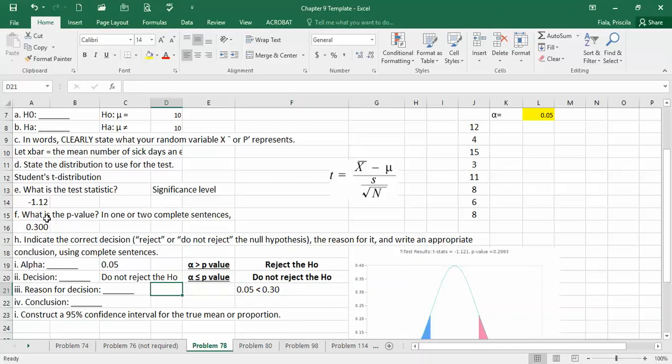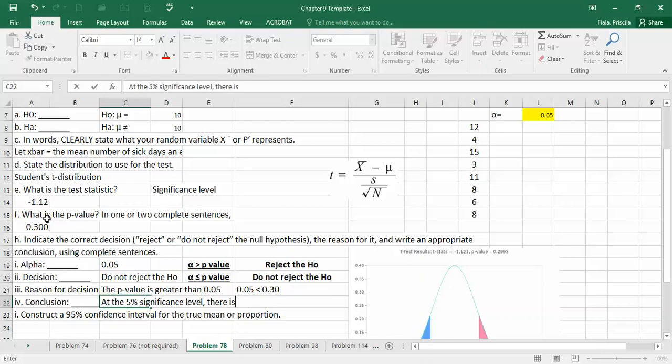The reason for decision is because the p-value is greater than the alpha. In your conclusion, at the 5% significance level, there is insufficient evidence to conclude that the mean number of sick days is not 10.